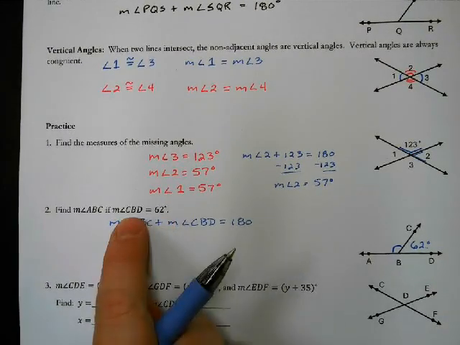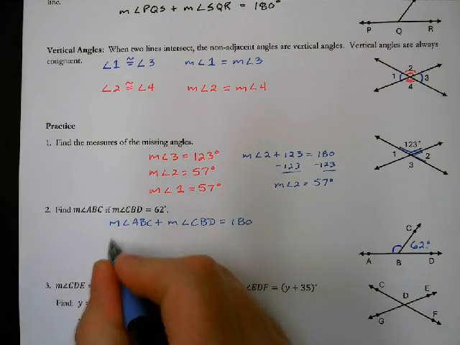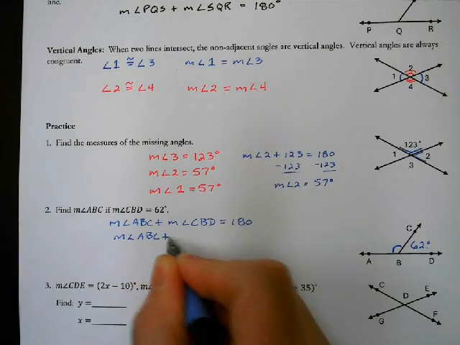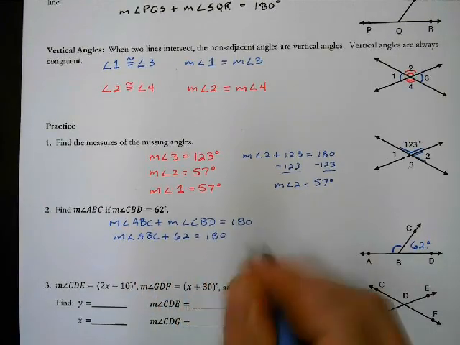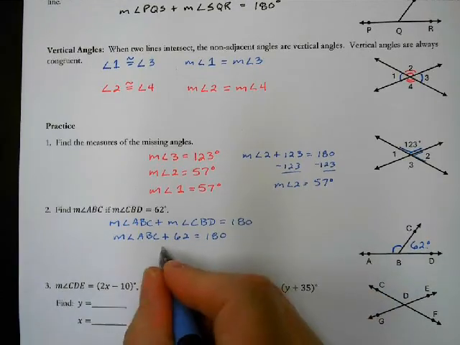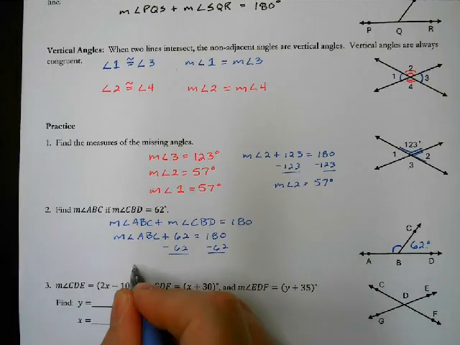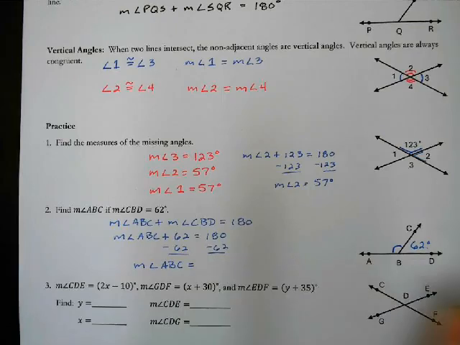So instead of CBD, I can replace that with 62. So I'm going to say the measurement of angle ABC plus 62 equals 180. Now I can subtract 62 from both sides. I get the measurement of angle ABC is equal to 118.